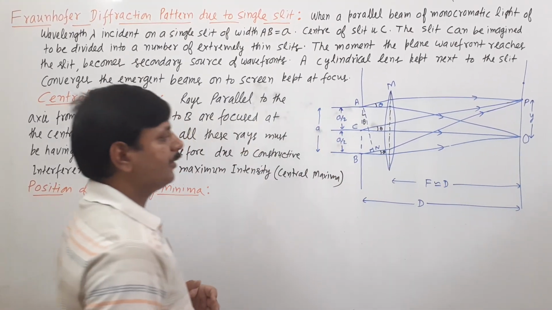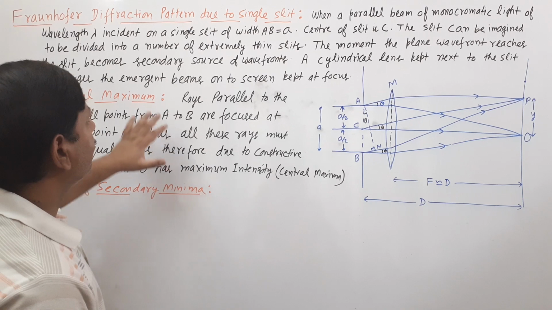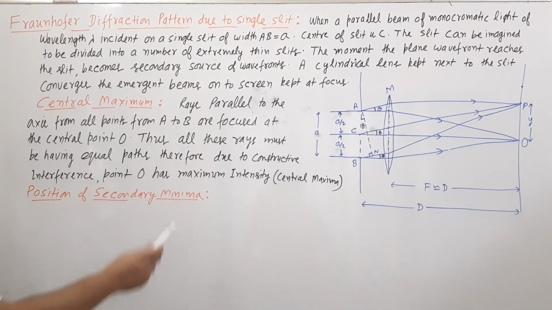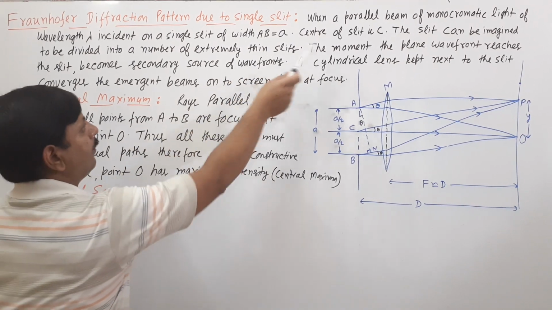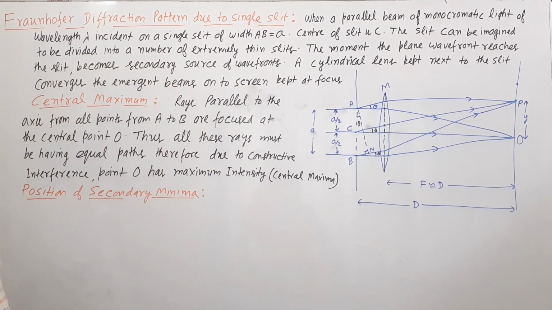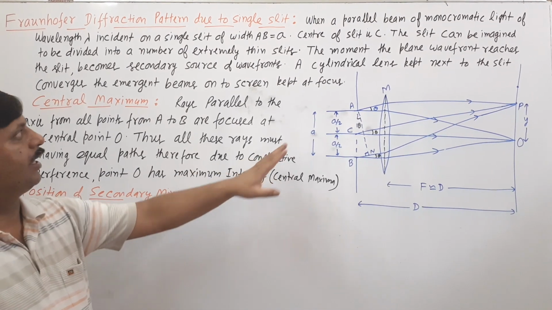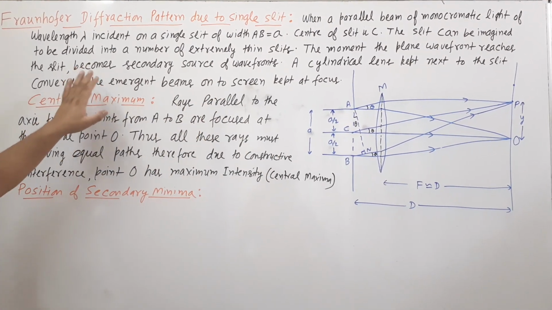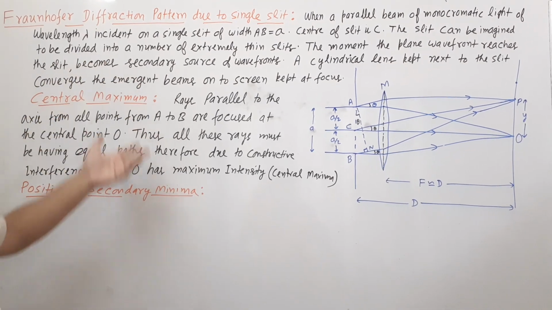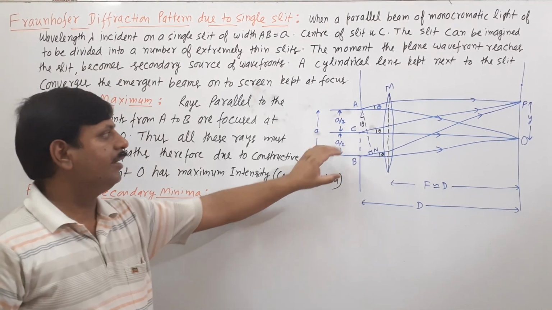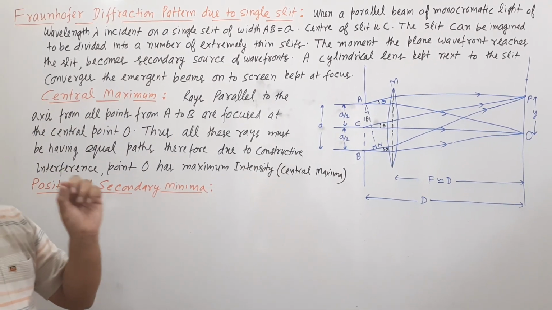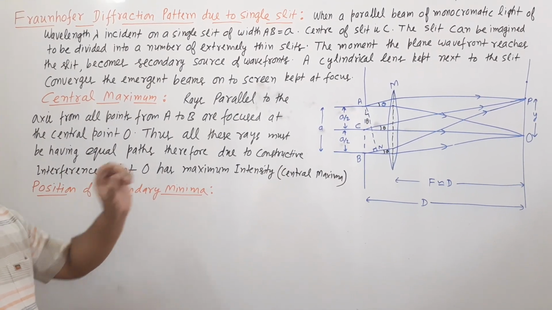See, I have taken here a Fraunhofer diffraction pattern: a parallel beam of monochromatic light of wavelength lambda is incident on a single slit AB of width a, with center C. This slit AB can be imagined as divided into a number of extremely thin slits.